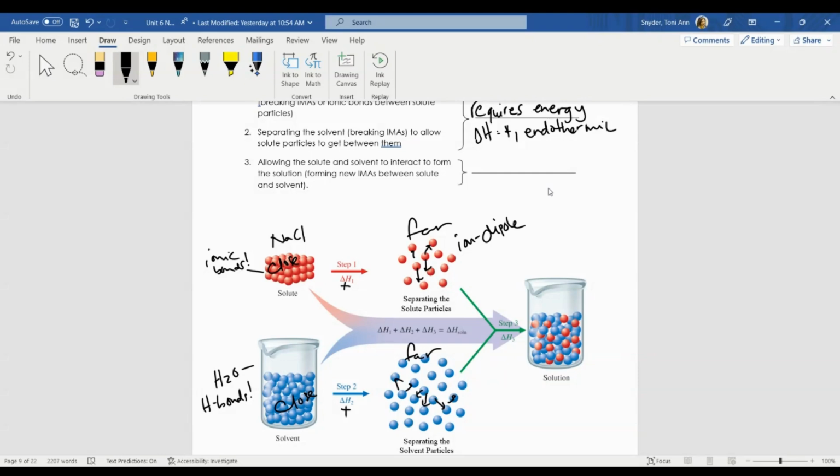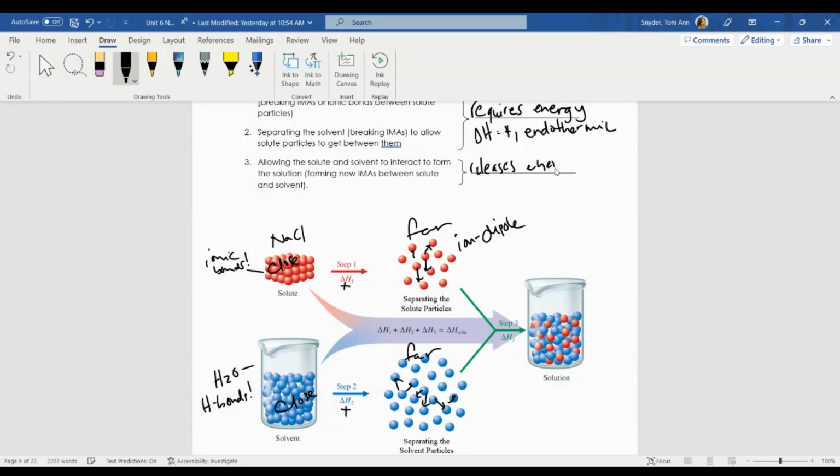When we form those ion dipole bonds, we are going to be releasing energy in that process. Sometimes you could have hydrogen bonds that form between them. Maybe you have dipole-dipole, but a lot of times if you have a salt and water, it'll be ion dipole. When I form those new intermolecular forces, this tends to release energy.